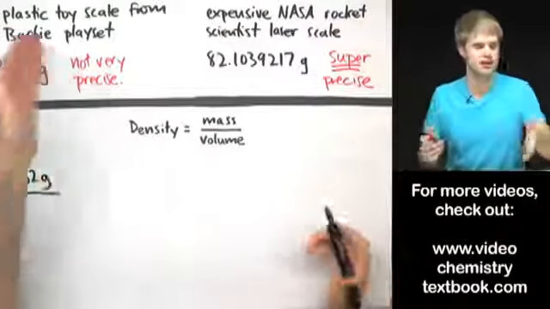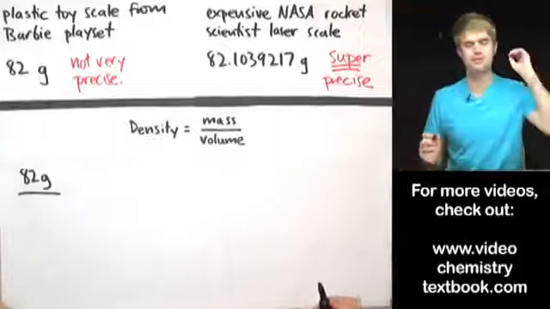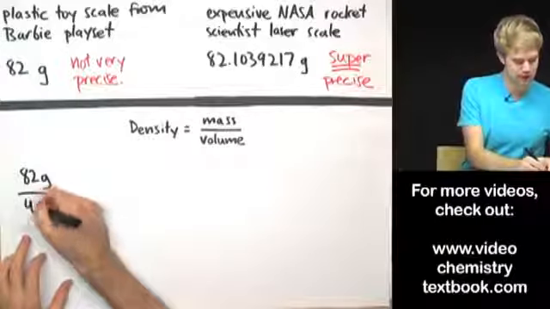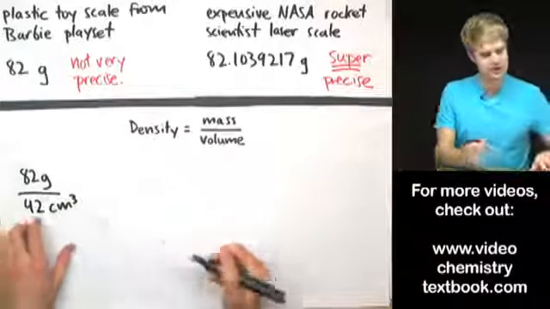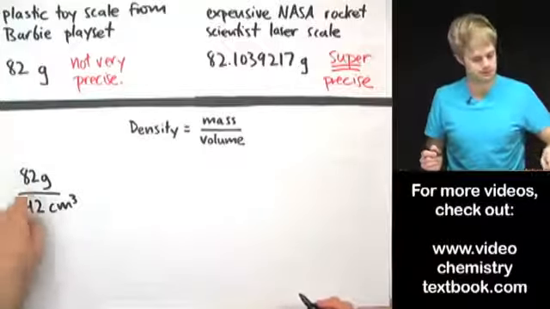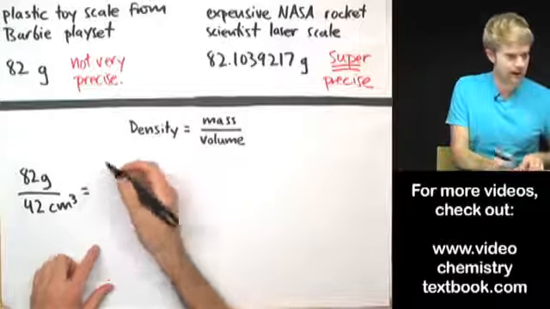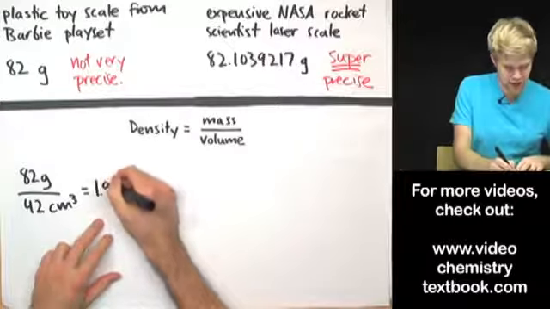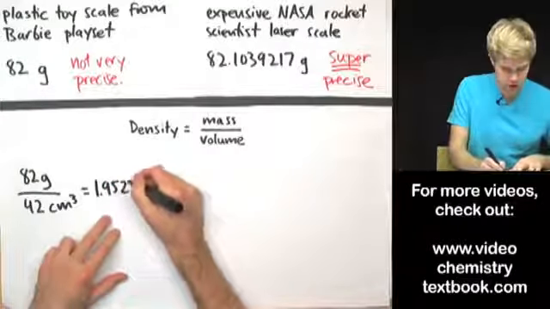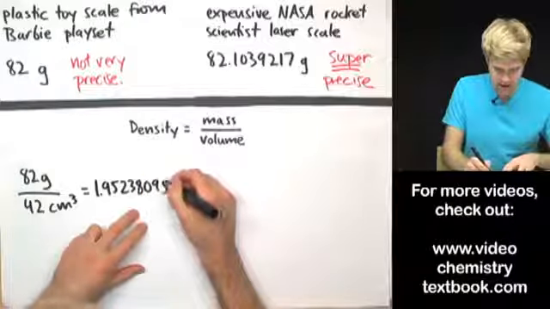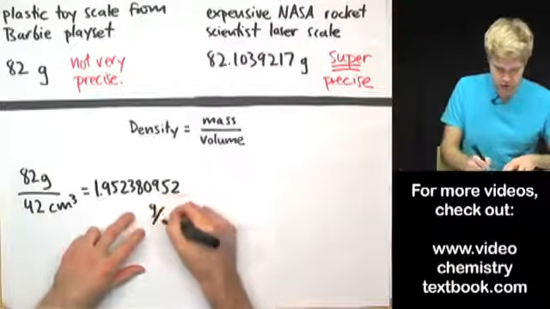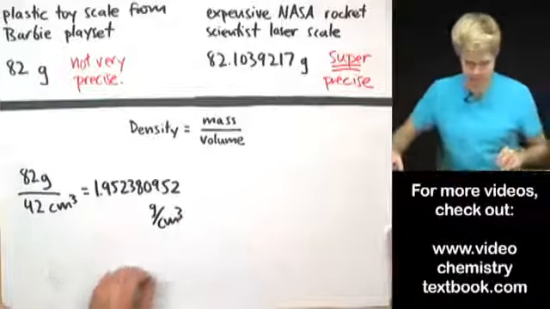So maybe I'll use like a graduated cylinder, also from the Barbie playset, and find out that the volume of the rock is 82 cubic centimeters. I do this math, and the answer that I get is 1.952380952 grams per cubic centimeter.